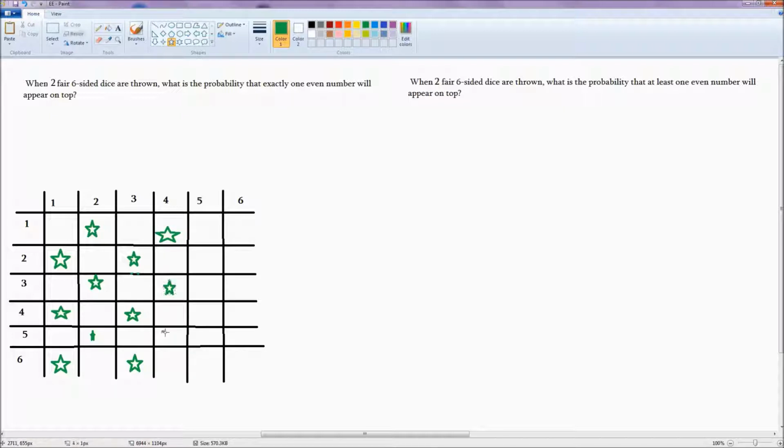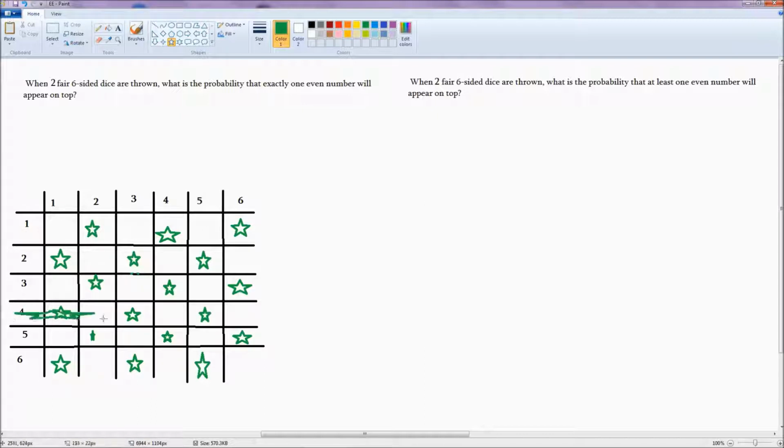You might have noticed a pattern here, and yes, this table has many patterns, and that's another reason why I like it, because it makes it very easy to do calculations with dice. In this case, any star here is an outcome where exactly one die is even.